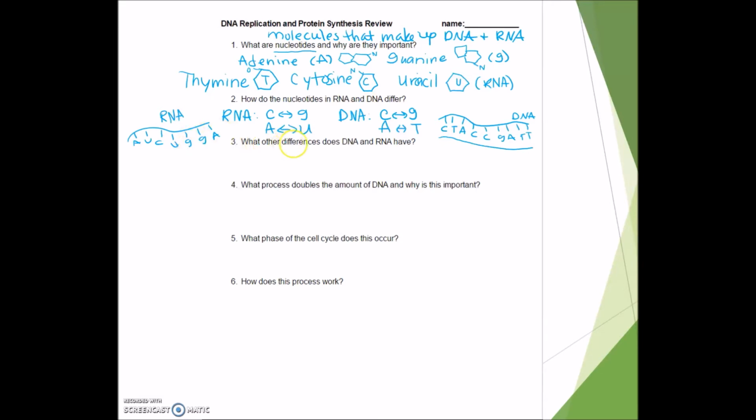Okay, what other differences do DNA and RNA have? Well, DNA is double-stranded. And RNA is single-stranded. Which means when we say strand, we're talking about that backbone of DNA that we learned that deals with that phosphate group, that ribose sugar, and that nucleotide.